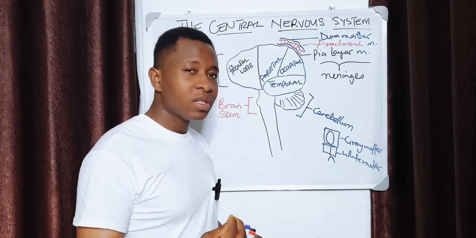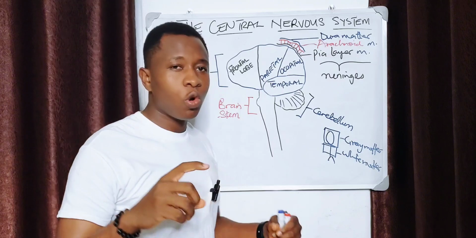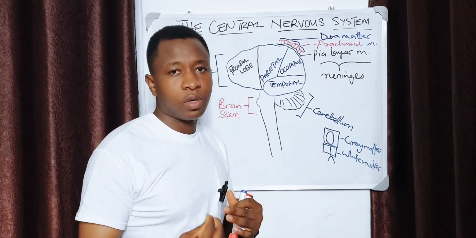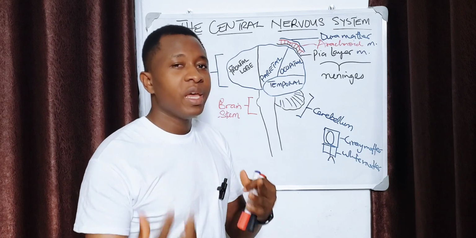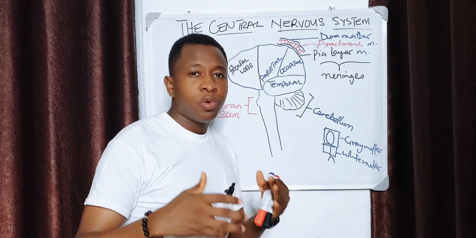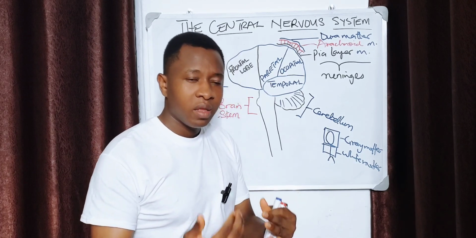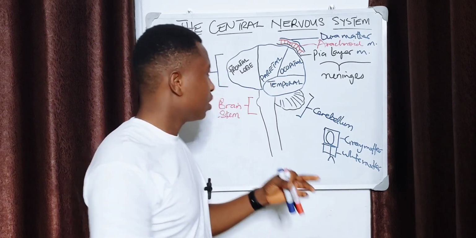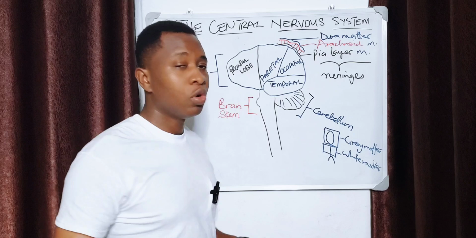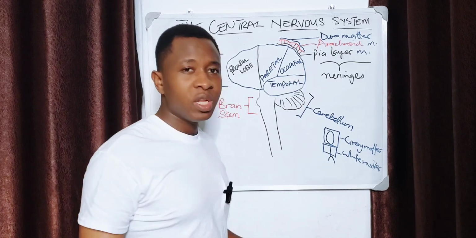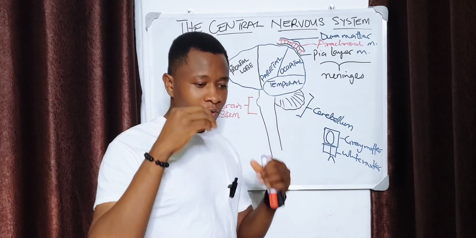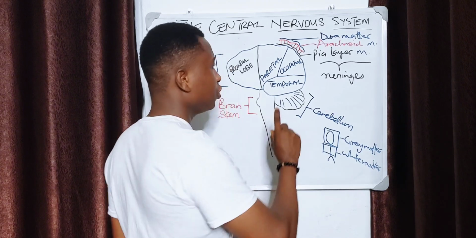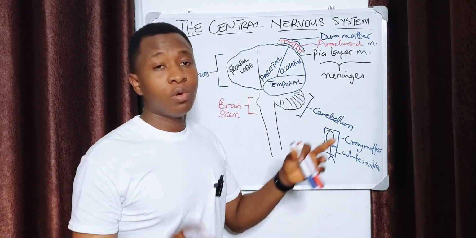That means that this part controls the sensory actions of the body, like pain, response to both external and internal stimuli, touch, and others. And the occipital lobe has to do with visuals. For you to see an image and recognize it is the function of the occipital lobe.